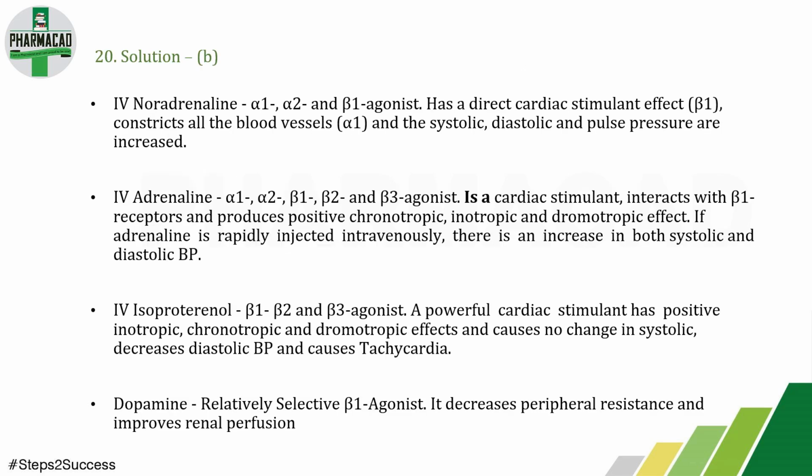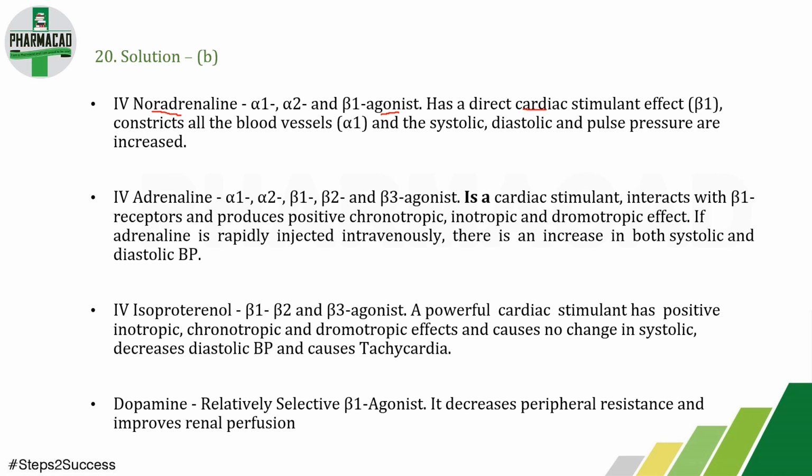First, let's see what they have to say regarding all the drugs. We have IV noradrenaline, which is an alpha 1, alpha 2 and beta 1 agonist. Noradrenaline shows a direct stimulant effect at the cardiac level because of the beta 1 receptors.